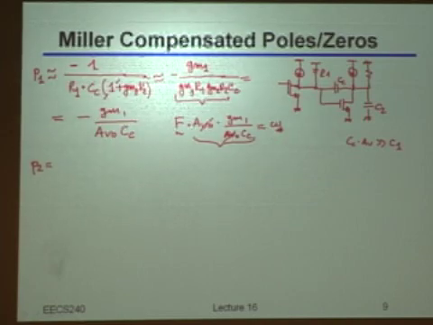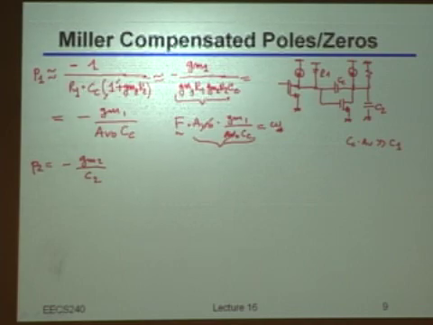The gain is now at the denominator, so it's immediate to see it's proportional to GM1 over CC. And then I have P2. As we were saying, since I can assume that CC is shorted, it's really minus GM2 over C2 as an expression.